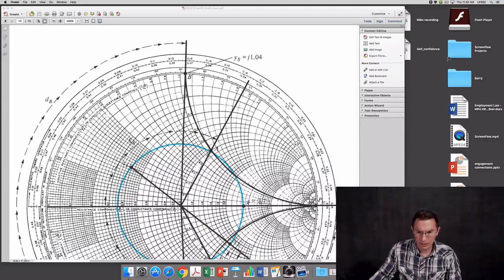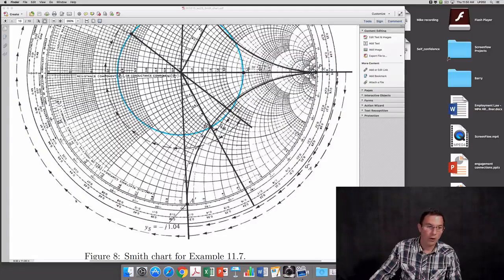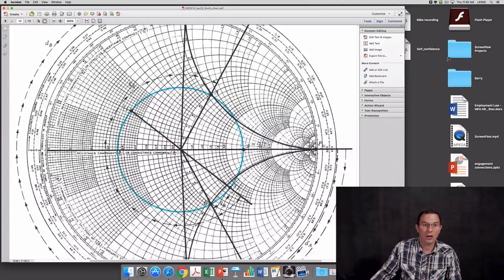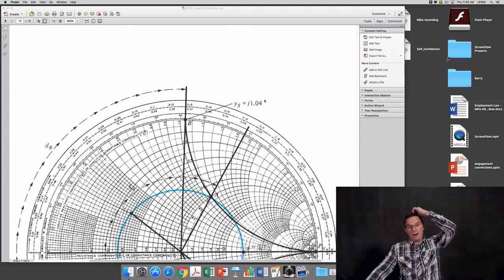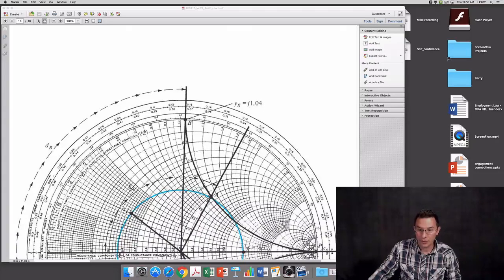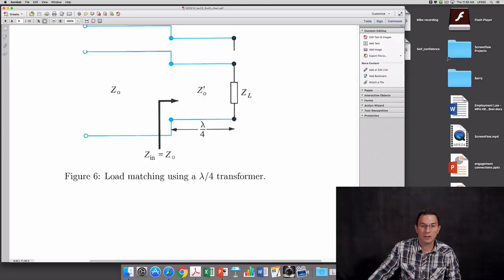and that corresponds to moving, again, clockwise all the way from here, the short circuit point, all the way around the Smith chart up to here, which is 360 degrees minus 88 degrees.